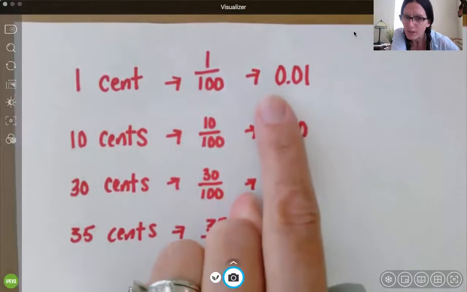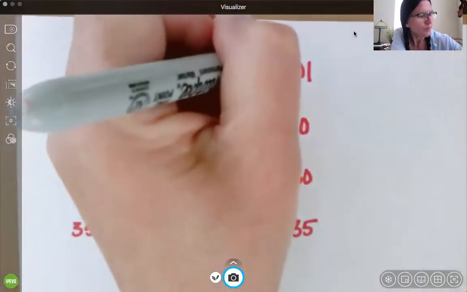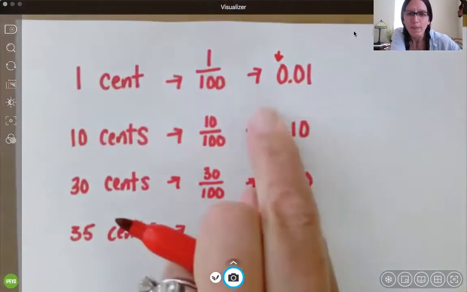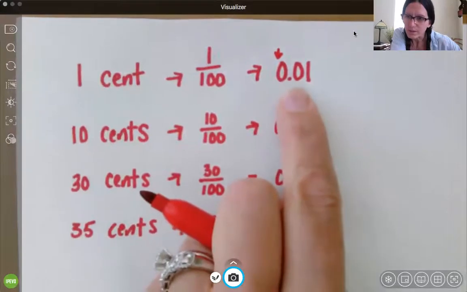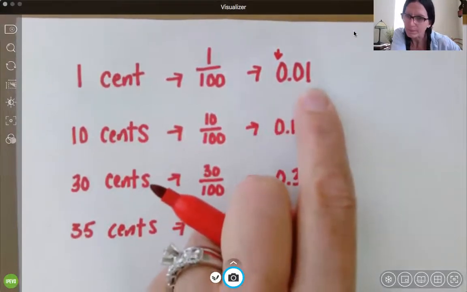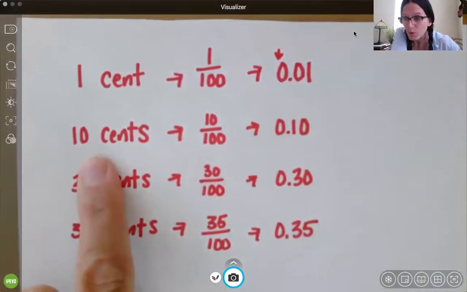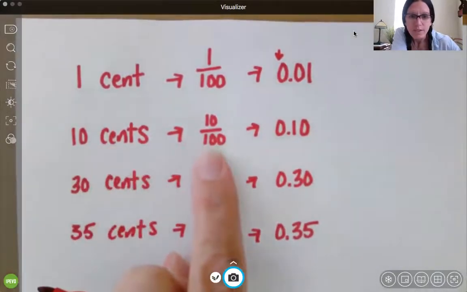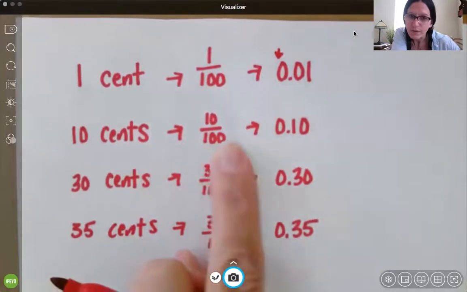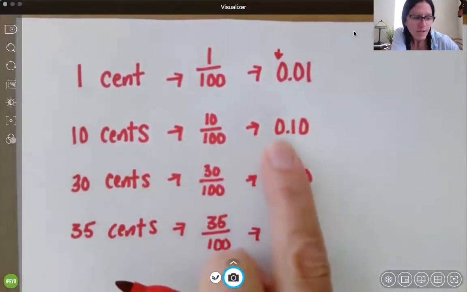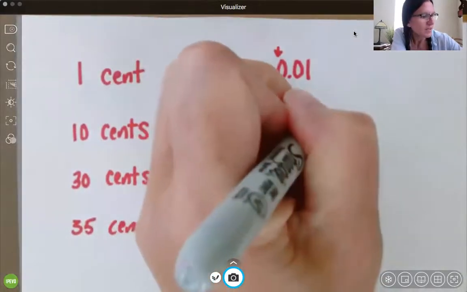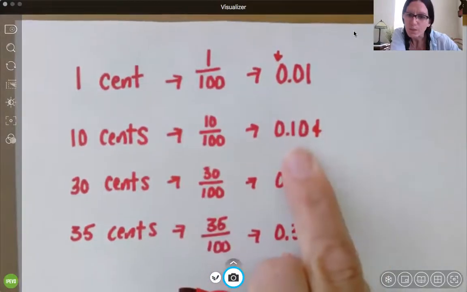We would have the dollars here, our tenths here, and there's our 1 penny. 10 cents could be 10 pennies or it could be a dime, which is 10/100ths of a dollar, and we would write that as 0.10. Again, if I added a cent sign here, that's how it would look.